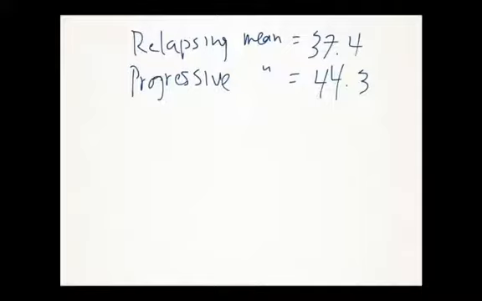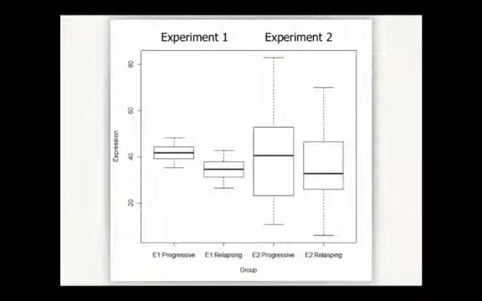Okay? So in order to answer that question, remember a great way to start off when you're looking at data is to produce plots or graphs, because it really helps you visualize the difference between groups. So let's look at a histogram for this experiment. Okay, here it is.